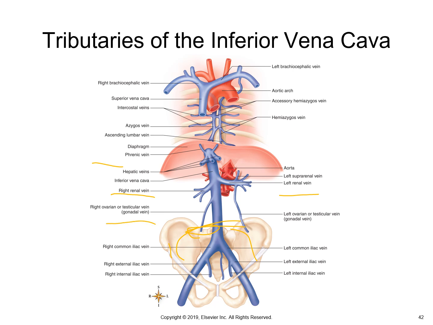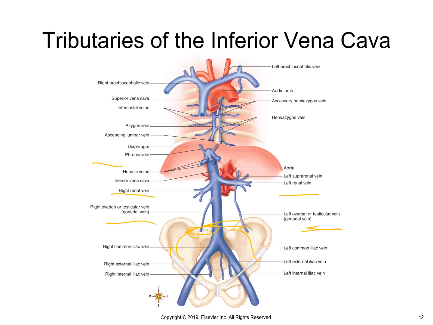The gonadal veins, whether we're talking about testicular or the ovarian ones, we have right gonadal veins that drain directly into the IVC, and we have left gonadal veins that drain into the left renal vein first before it reaches the IVC.